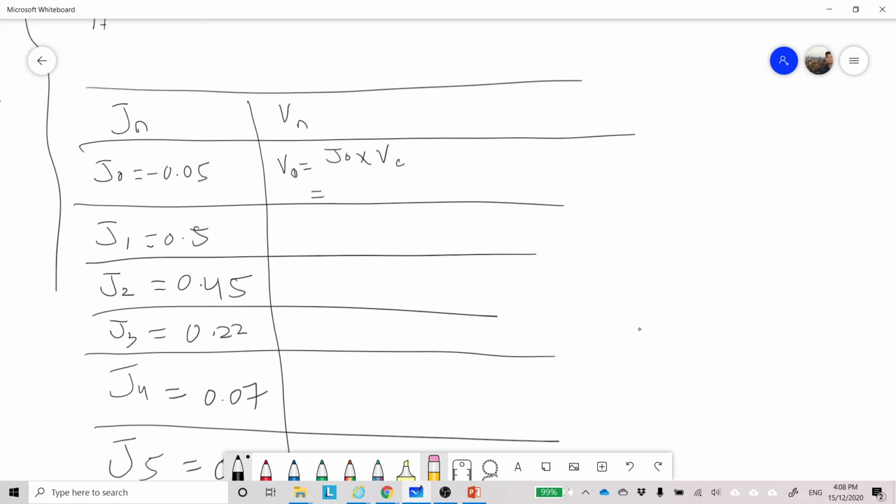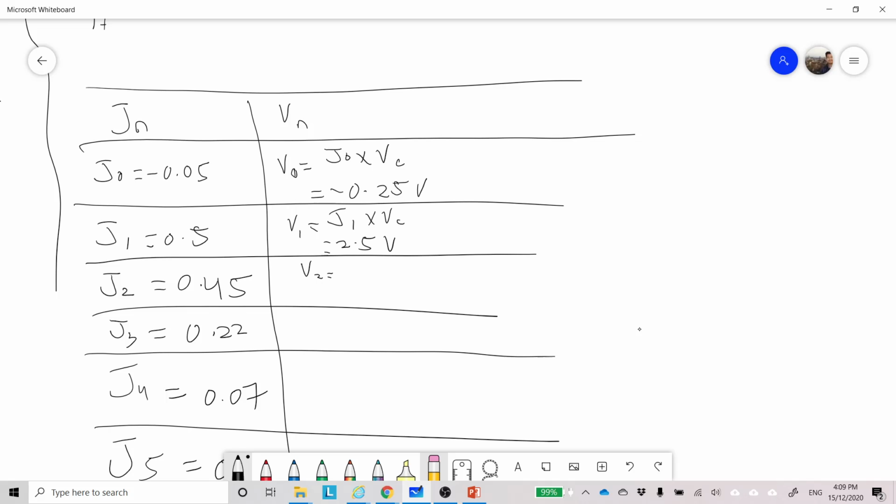So here is negative 0.25. Okay, here is 0.5 times 2.5. So V1 is equal to J1 multiplied with VC. So this is equal to 2.5 volt.